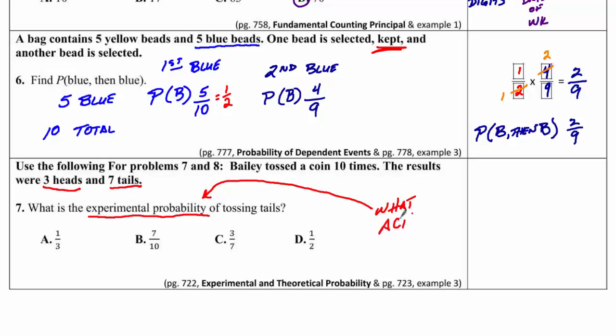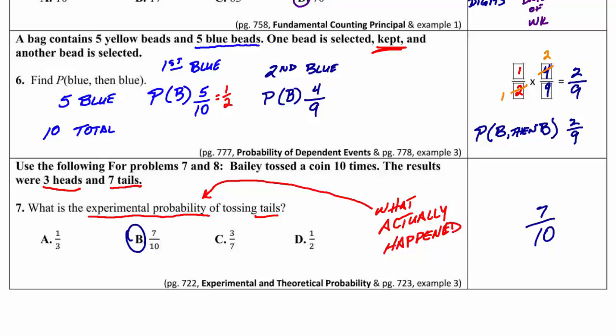You did the experiment, in this case tossing the coin 10 times, and what actually happened, that is the experimental probability. So experimental probability of tails in this case, well, there were 7 tails out of 10 tosses, so the experimental probability was 7 out of 10.